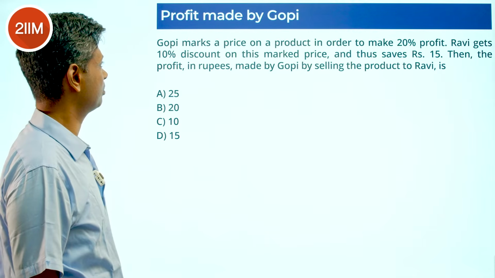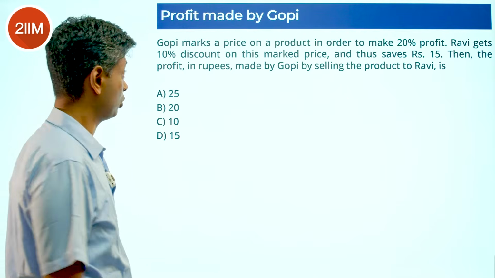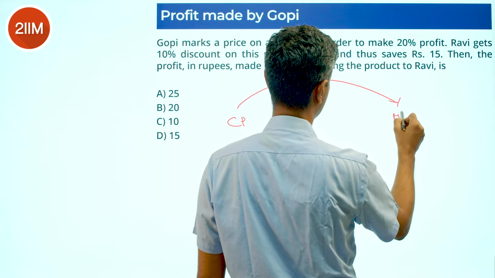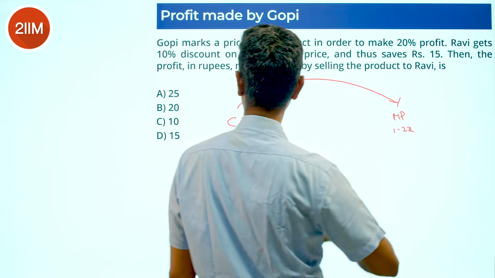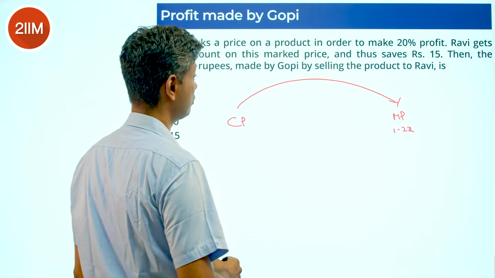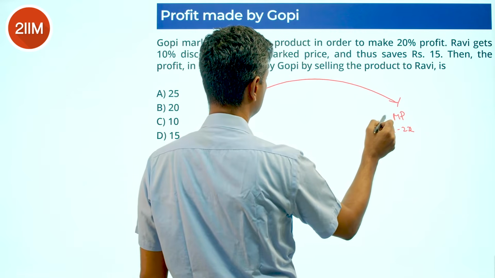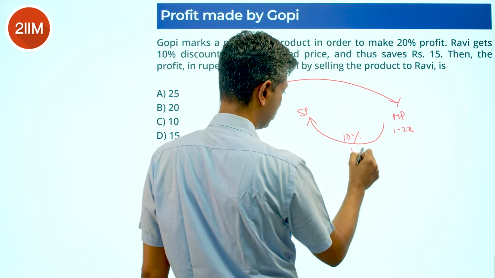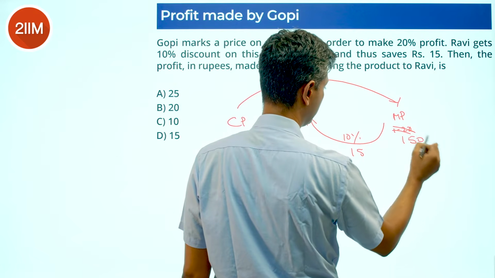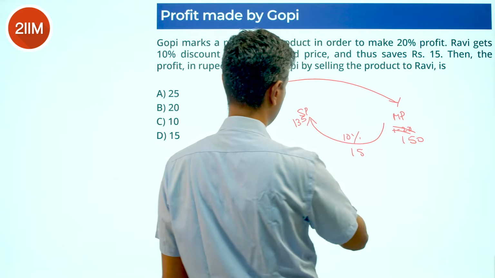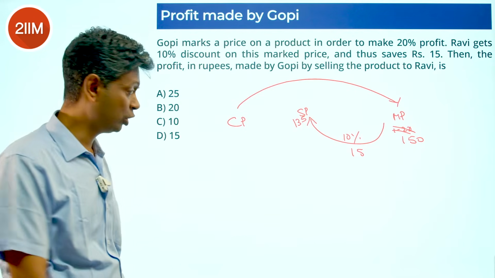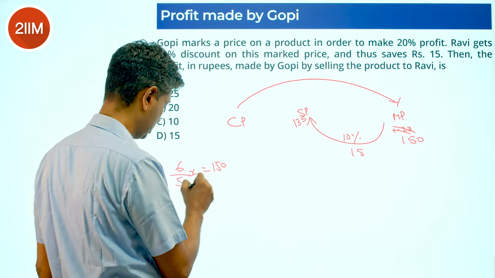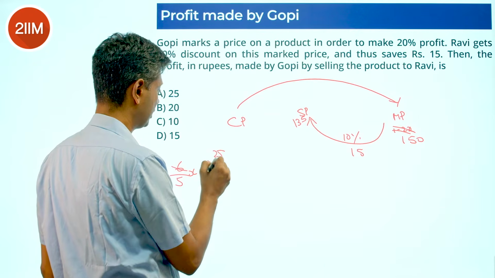Gopi marks his price on a product in order to make 20% profit. So cost price x, mark price is 1.2x. Ravi gets 10% discount and thus saves 15. So 10% of 150 is 15, it arrives at 135. 150 is 1.2x, 6 by 5x is 150, x is 125.